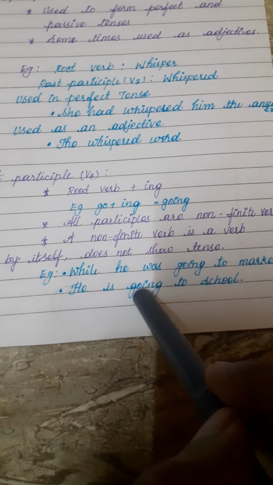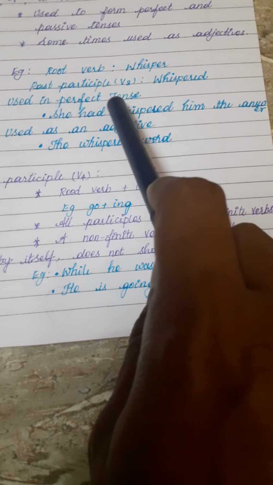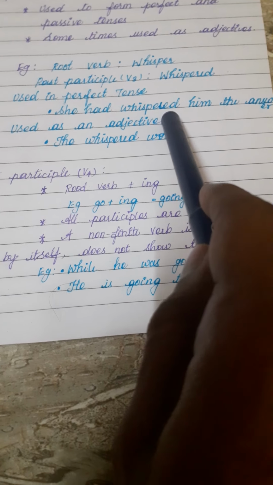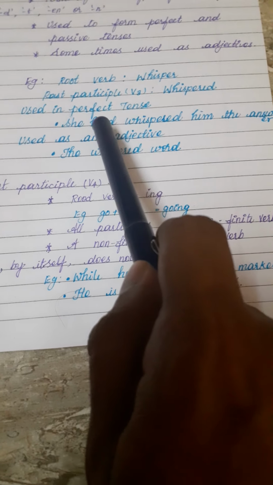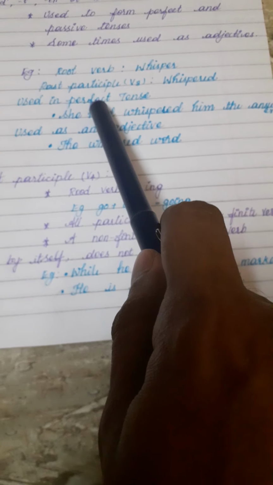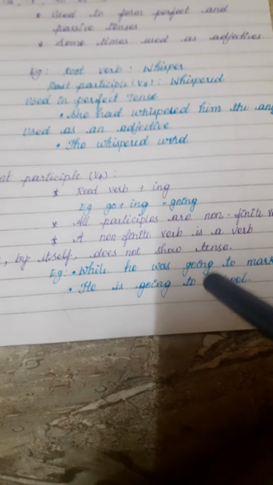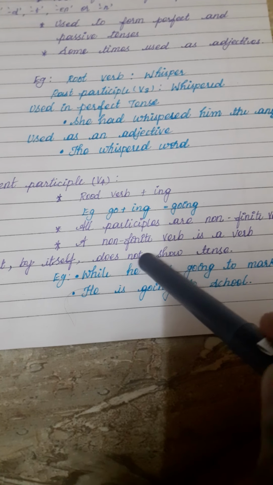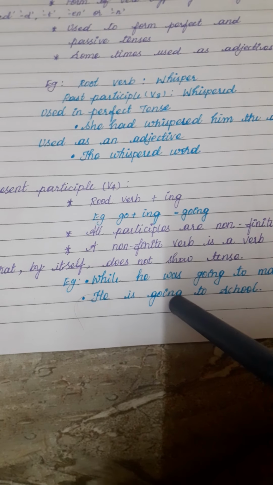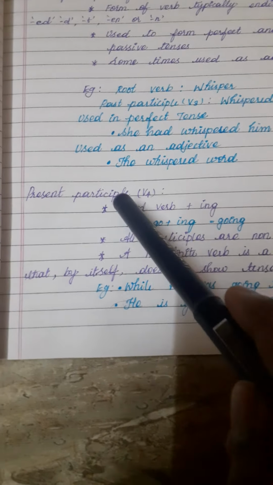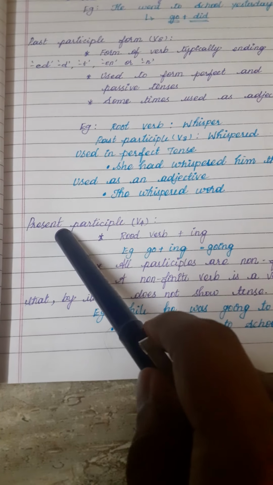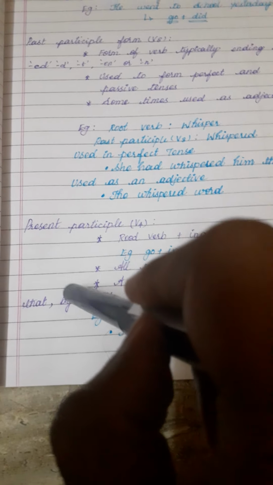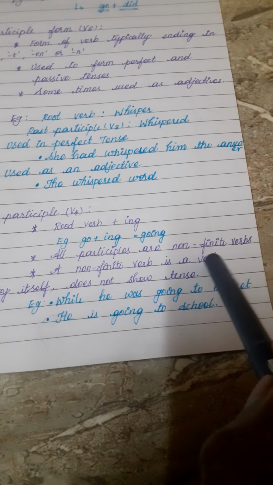This going and this whispered will not give any correct information about the tenses. It depends upon the supporting verb. Here whispered depends on had to convey the correct tense, here going depends on was, and this going depends on is. So a participle, whether past participle or present participle, does not denote tense by itself. So it is called a non-finite verb.